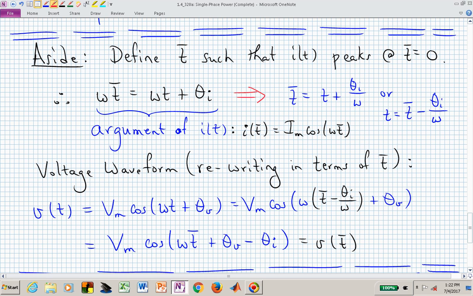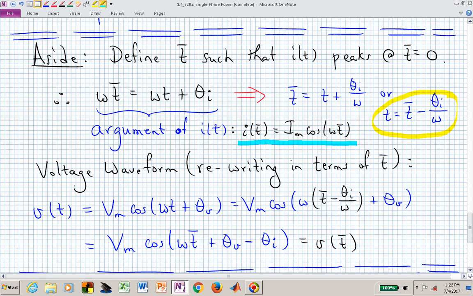We divide through both sides by omega, and we have t-bar is equal to t plus theta sub I over omega. Or if we solve that for t, then we end up with t is equal to t-bar minus theta sub I over omega. And that says then that we also now have this current expression without a phase shift. What does that do with the voltage waveform?